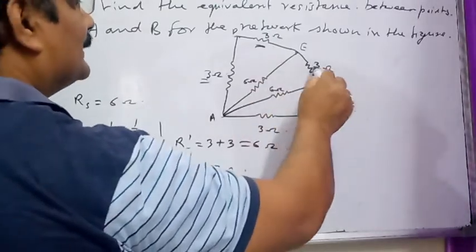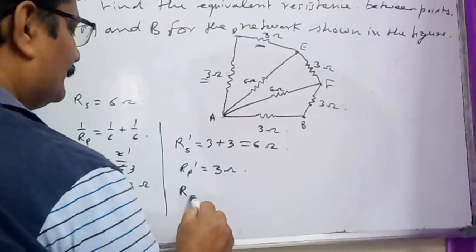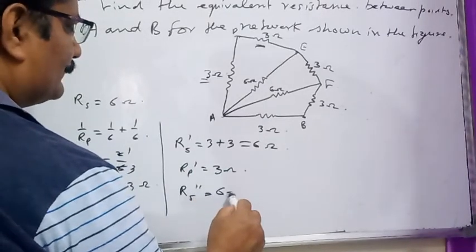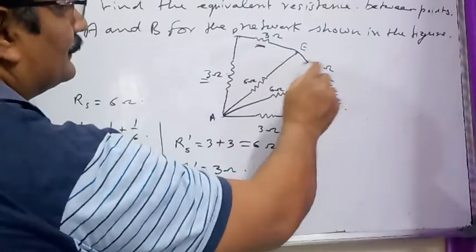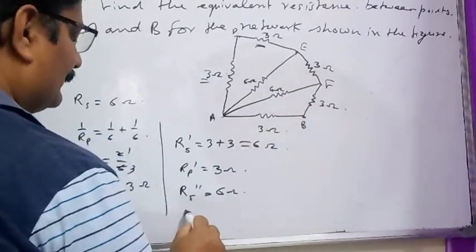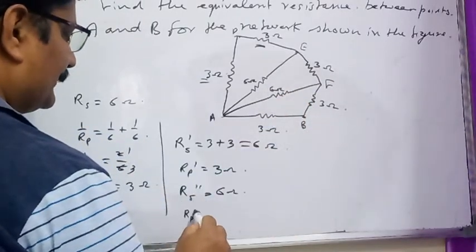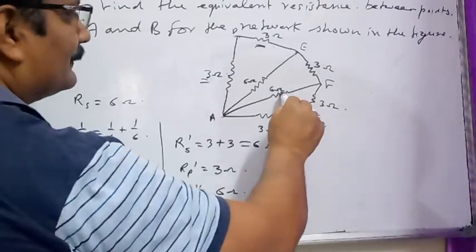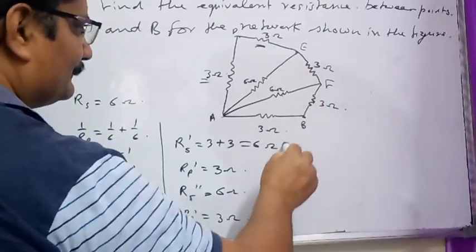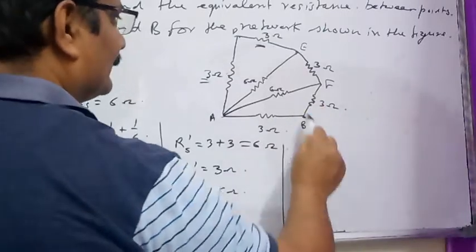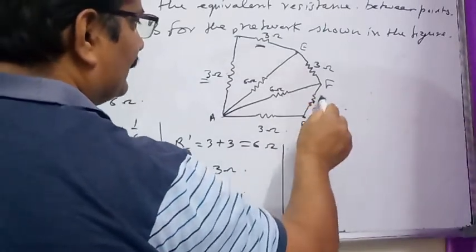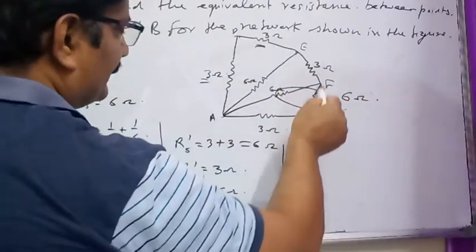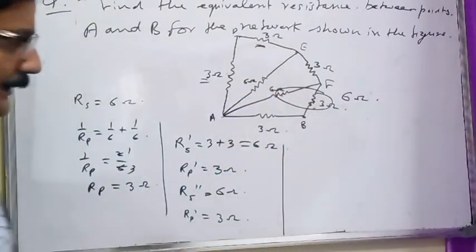Then this 3 and 3 are again in series, Rs double dash is equal to 6 ohm, and this 6 and 6 in parallel. So Rp is going to be again 3 ohm. Then this 3 ohm and 3 ohm in series. So the resistance up to there is going to be, at the end, 6 ohm after solving all this circuit.